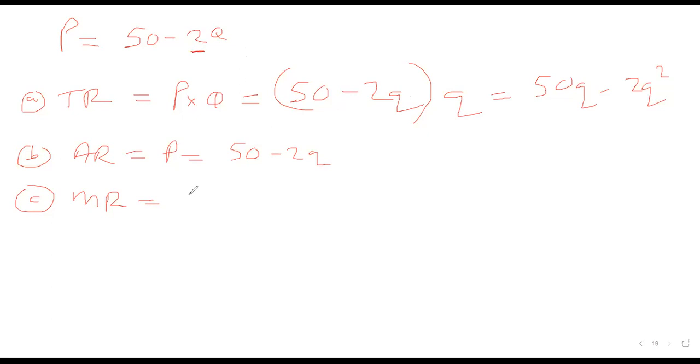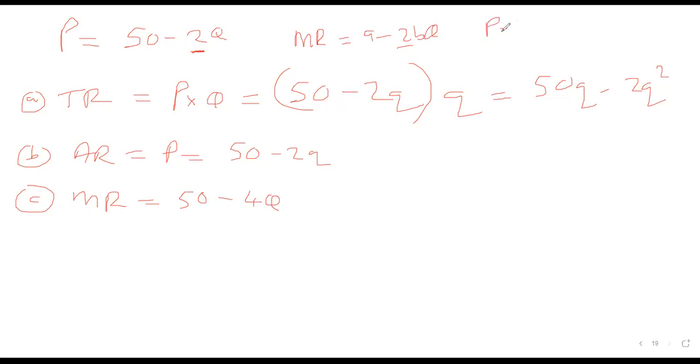So this is 50 minus 4Q. Where is the 2 coming from? I mentioned that the formula for marginal revenue, for a linear function, is A minus 2BQ. So now 50 minus 2, just multiply by 2 there, to be 4Q.